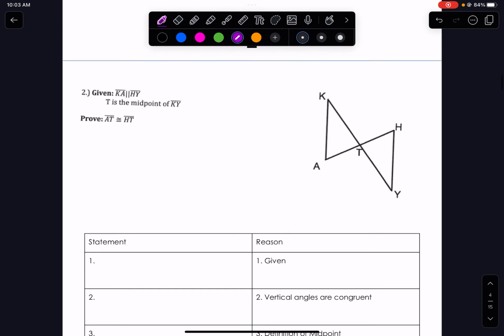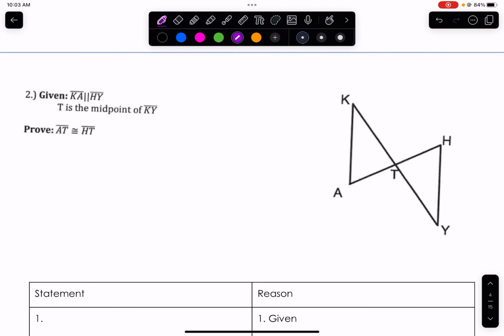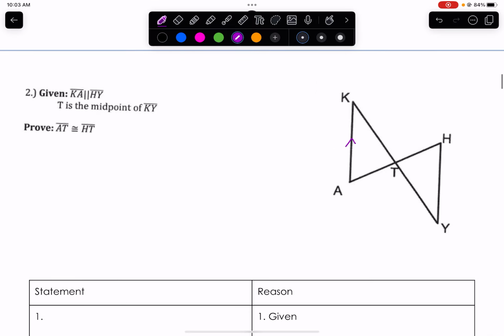Now if we look at the next one, I'm given one set of parallel lines. KA is parallel to HY and T is the midpoint of KY. So if T is the midpoint, then I know that KT and TY are the same.